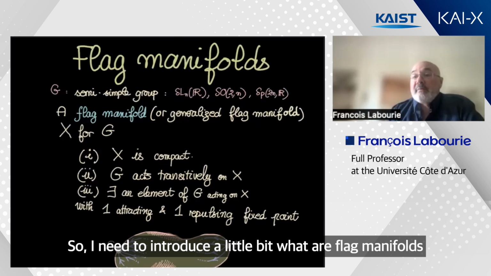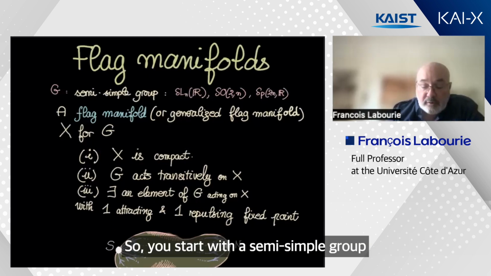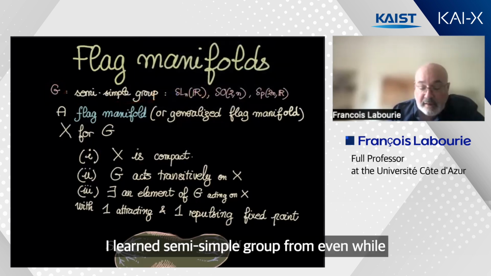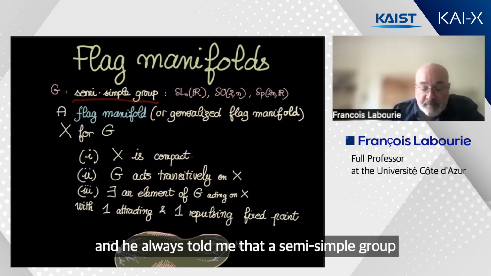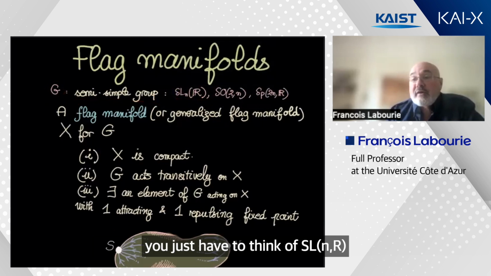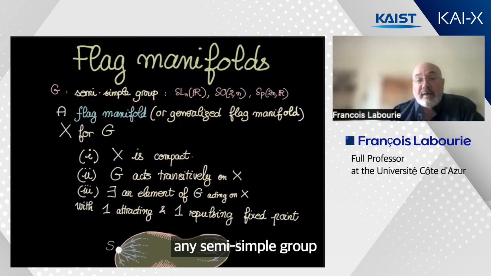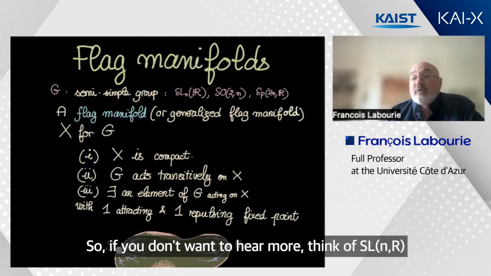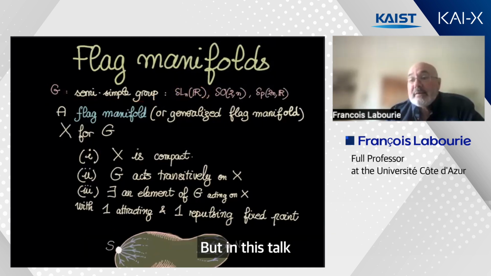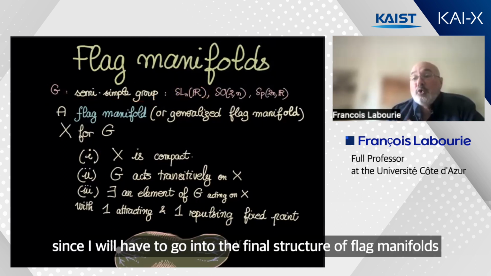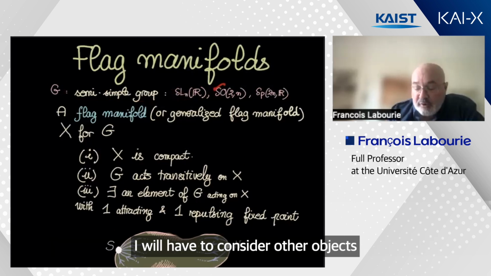What are flag manifolds? You start with a semi-simple group. I learned semi-simple groups from Yves Benoist, and he always told me that for semi-simple groups, you just have to think of SL_n(R), and everything that's true for SL_n(R) is essentially true for any semi-simple group. So if you don't want to hear more, think of SL_n(R). But in this talk, since I will have to go into the finer structure of flag manifolds, I will have to consider other objects.